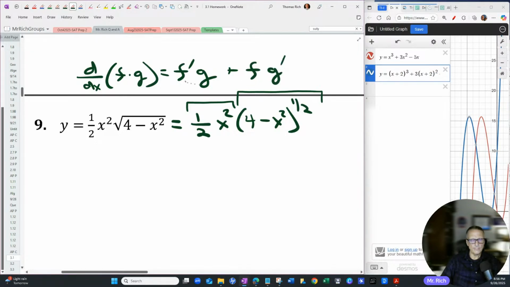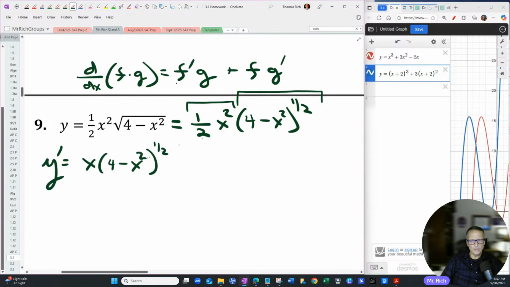So I leave them in the same order, f and g, I just flip the derivative. I take the derivative of f first, then the derivative of g second. So for y prime, I take the derivative of 1/2 x squared, which is just x using the power rule, and then multiply that by 4 minus x squared to the 1/2 power.